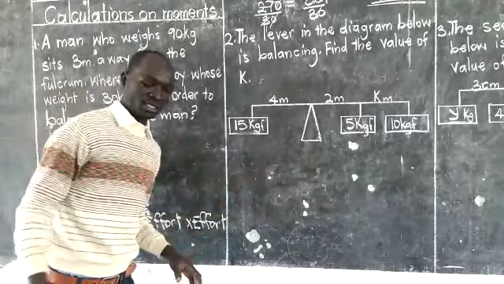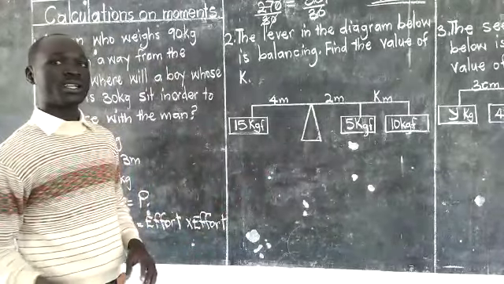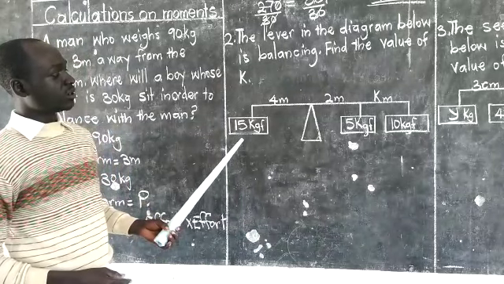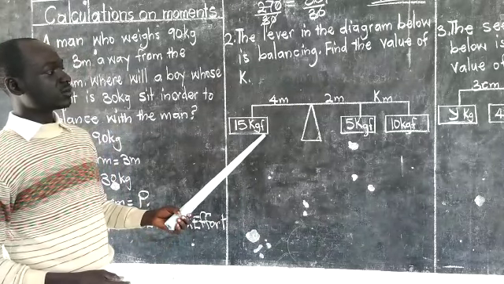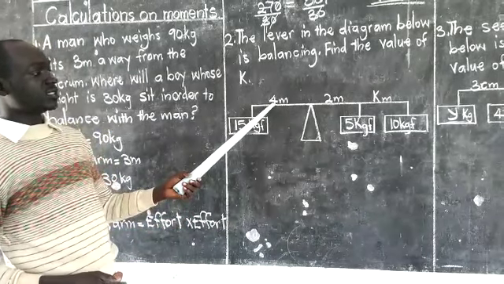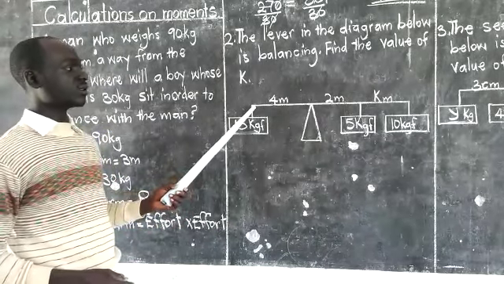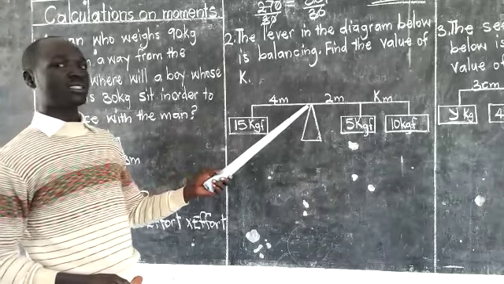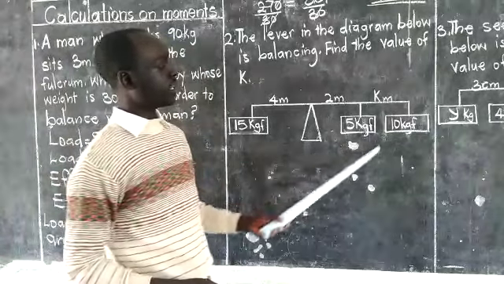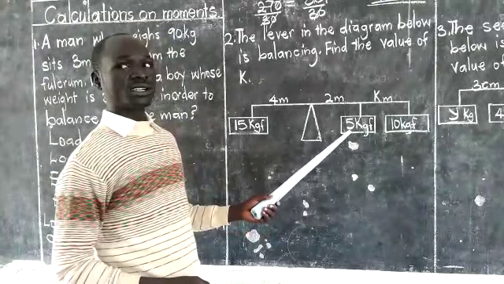We have this lever drawn with the weights attached. On this side we have 15 kilograms force with arm 4 meters. This is the distance from this 15 kilograms force to the pivot, that is the turning point. Then we have, on the other hand, 2 weights attached.